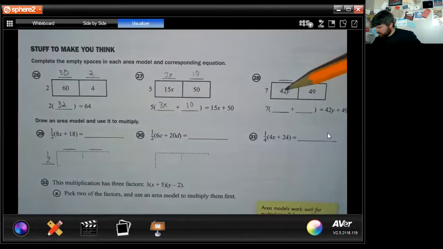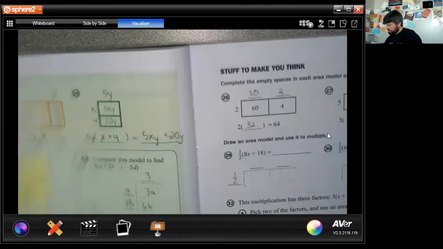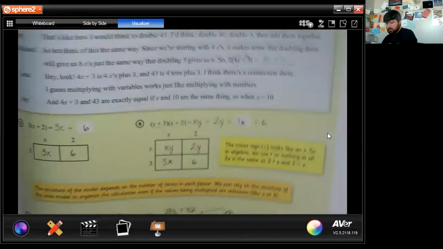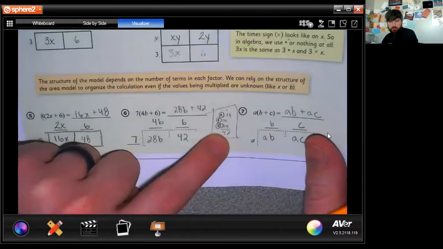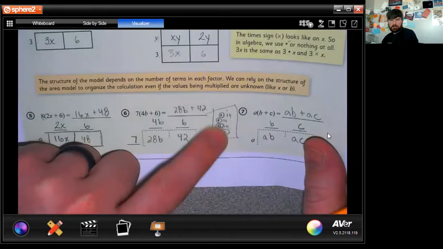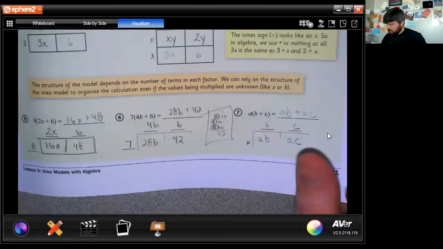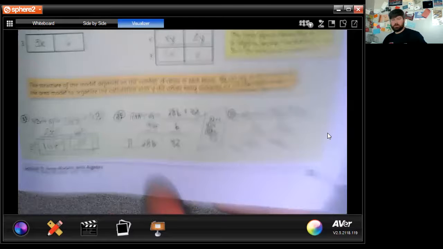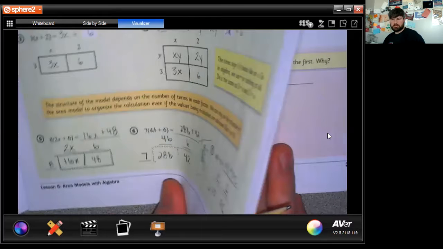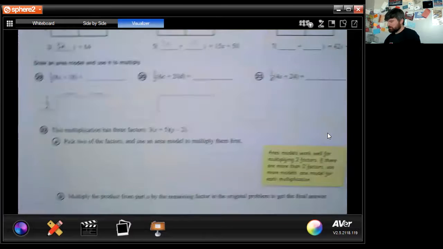42 divided by 7 is, again, the other day we looked at this model here on how to multiply. You can do this model with those numbers, or you can work on memorizing the multiplication tables.